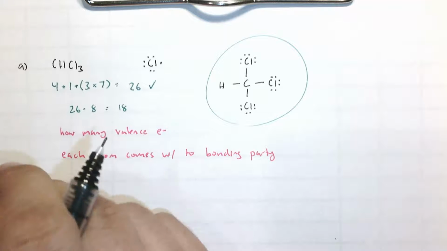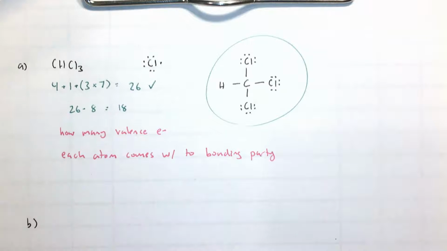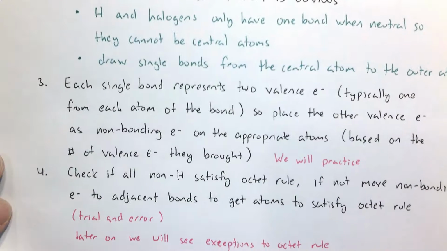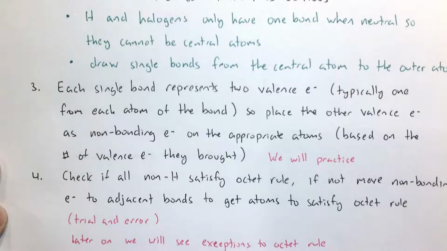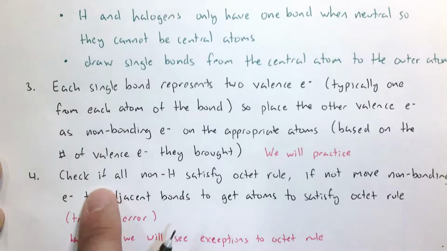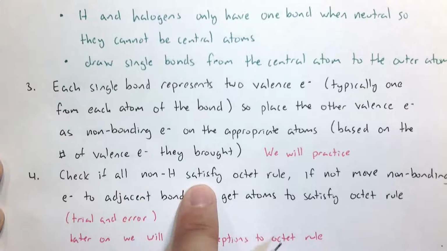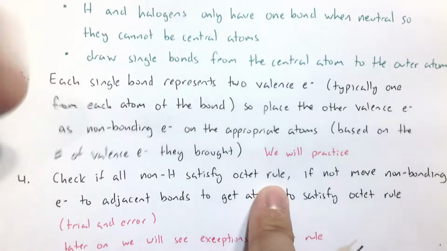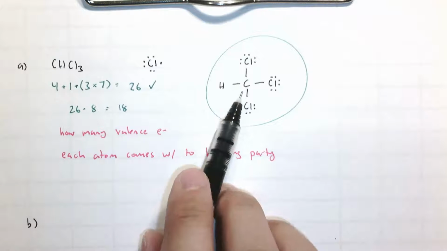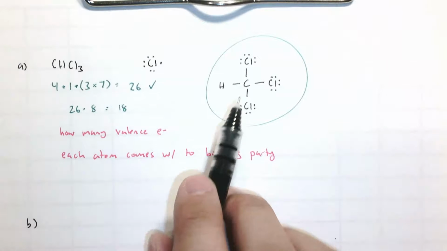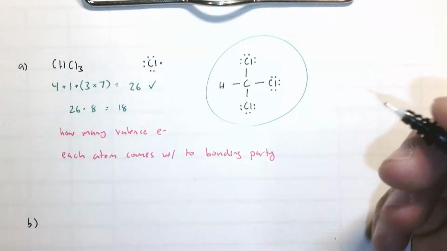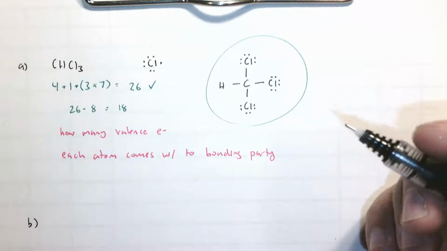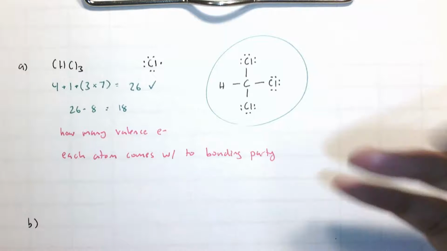What rule didn't we use? Oh, actually we will use it, but you'll notice that we won't have to do anything. It's check if all non-hydrogens satisfy the octet rule. The carbon satisfies the octet rule. This is another skill that we talked about on the previous video. How do you count which electrons are applied to the octet rule?